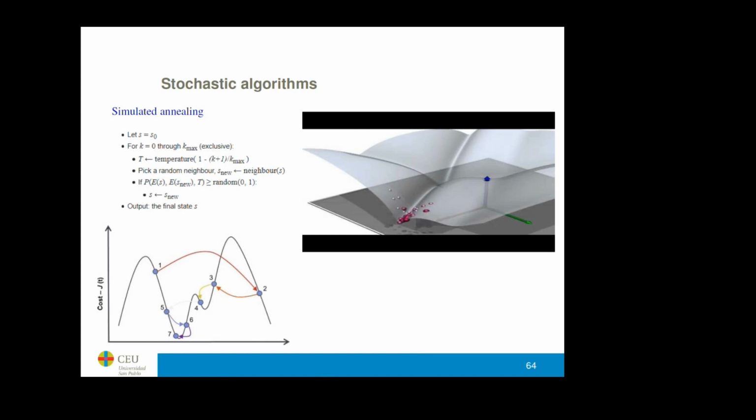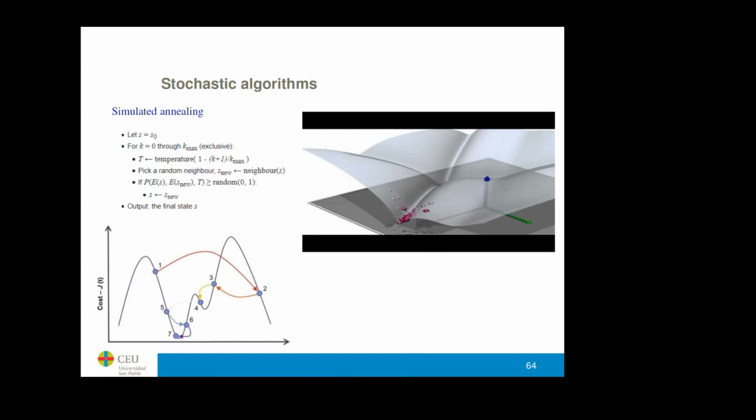We will do the following. I start at a point and take a point in the neighborhood, which I have to define somehow, and this neighborhood can be as wide as this one. I evaluate the function there. If the function is better than mine, I keep that point.